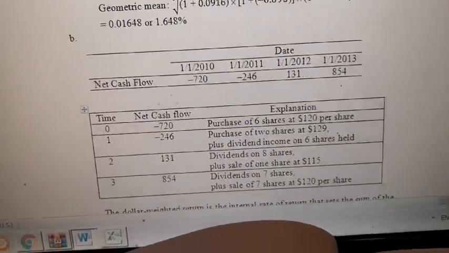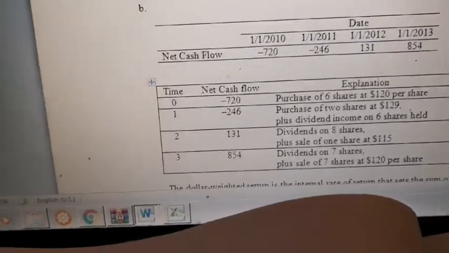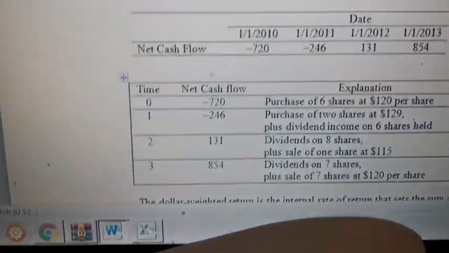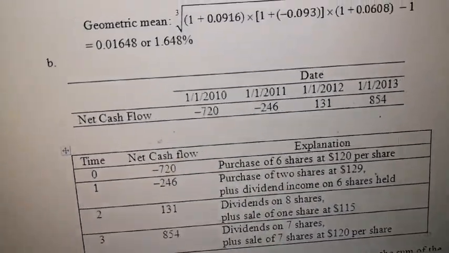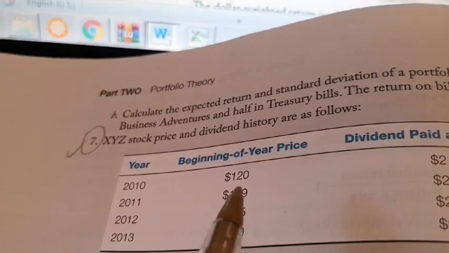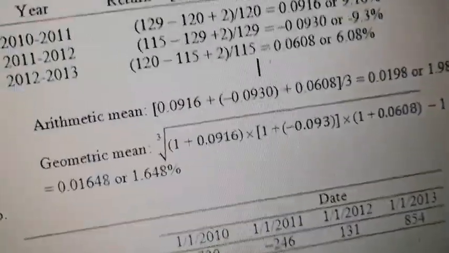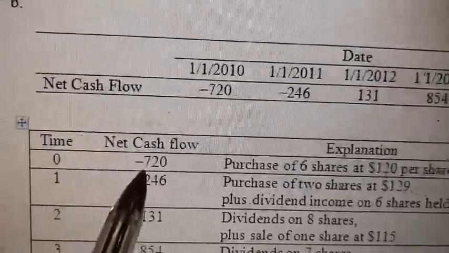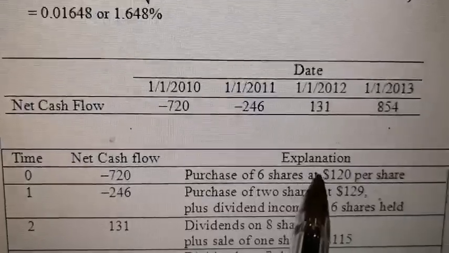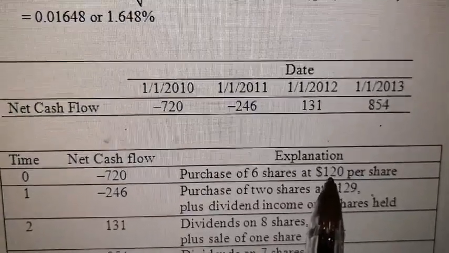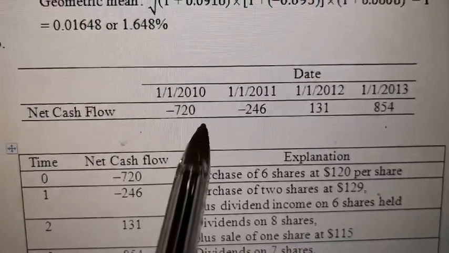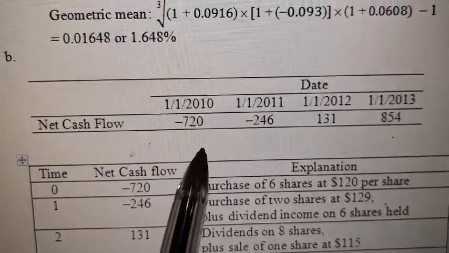To start first at time 0, the investor buys 6 shares, so he has to pay 6 times the price per share at beginning 2010, as mentioned previously, 120. 6 times 120, so he has to pay minus $720, which is 6 shares at $120 each. So at 1/1/2010 we have an outflow of $720.